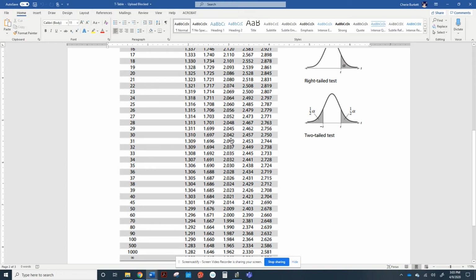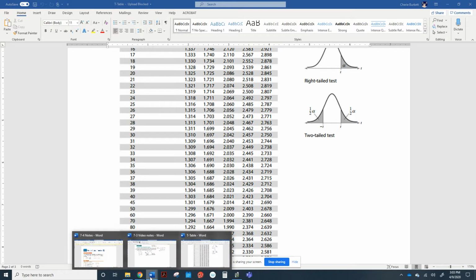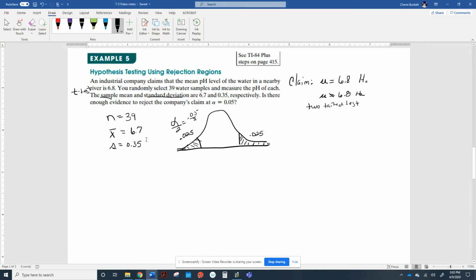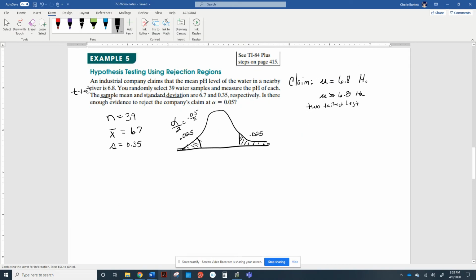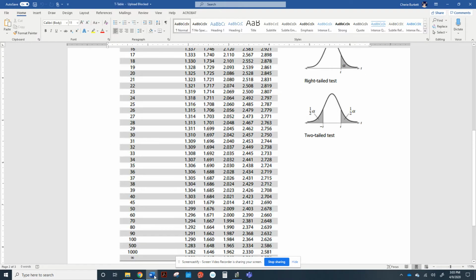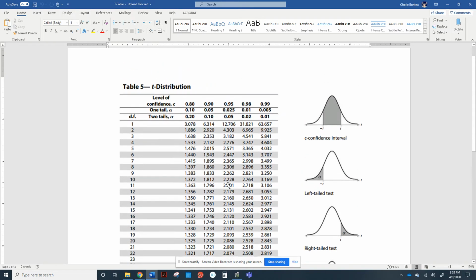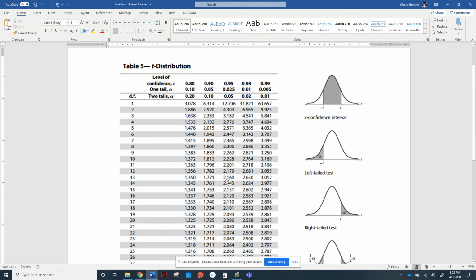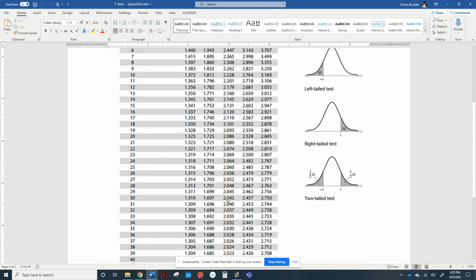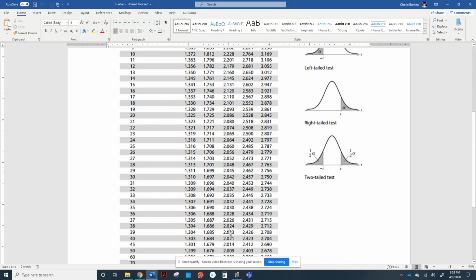And let's see, our sample size was 39. So our degrees of freedom should be 38. I hope that's on there. There it is, 38. Okay, so 38 is on there. I don't remember which column it was. It is two-tail test 0.05. So it's the third column. And go down to 38.